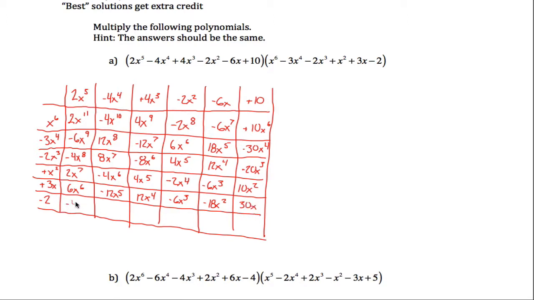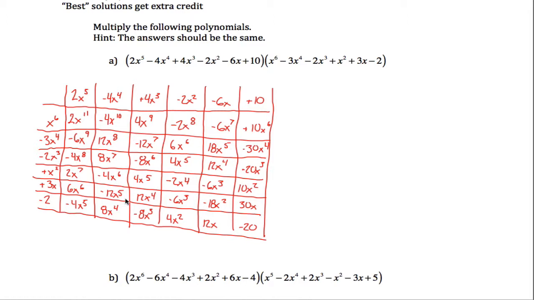And negative 4x to the 5th, positive 8x to the 4th, negative 8x cubed, 4x squared, 12x, minus 20.